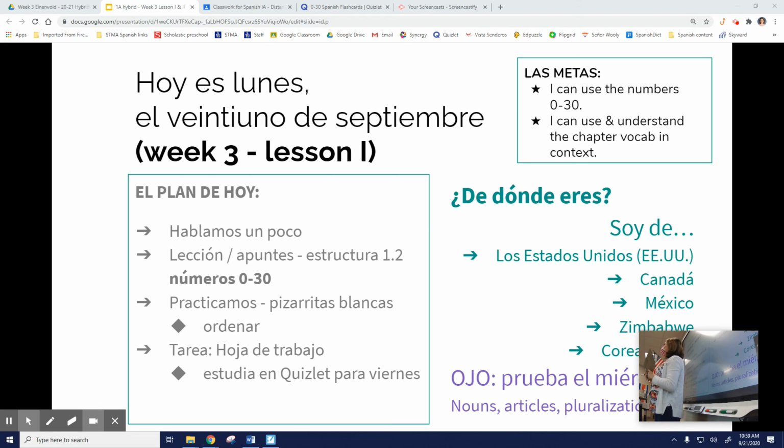Es así. Escribe el número 3. It's easy to get trace and trace mixed up. Escribe el número 30.